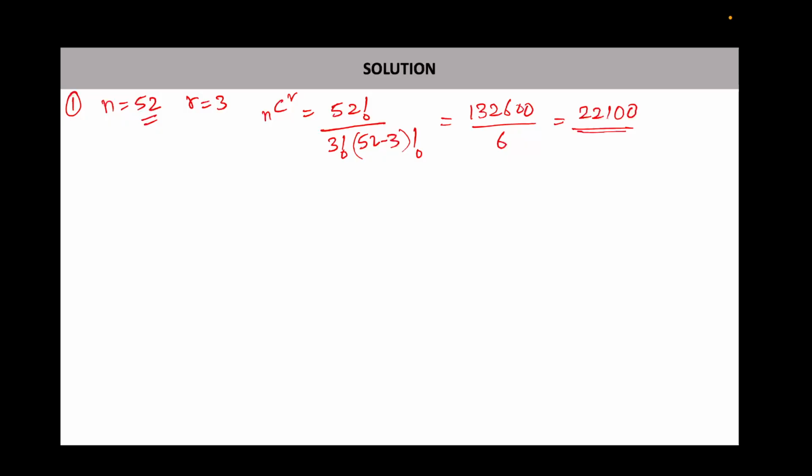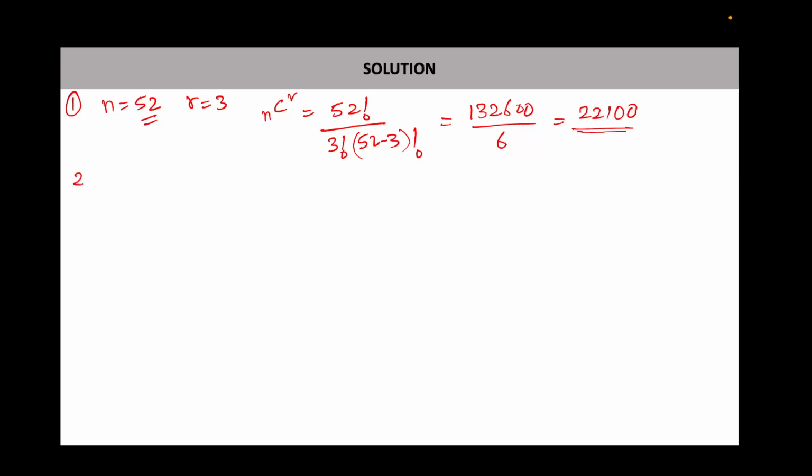Now you need to check another combination: what is the combination chances that there is one single king. Out of all the kings that are present in a deck, what is the possibility that the card being picked out of four is a king?